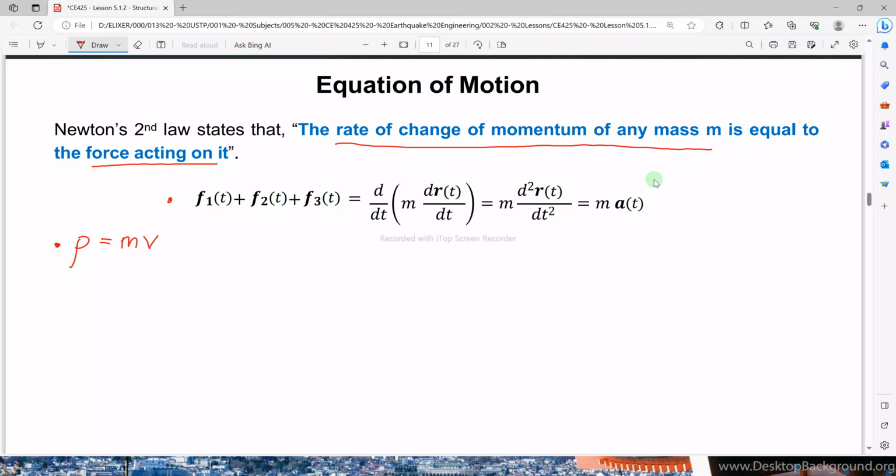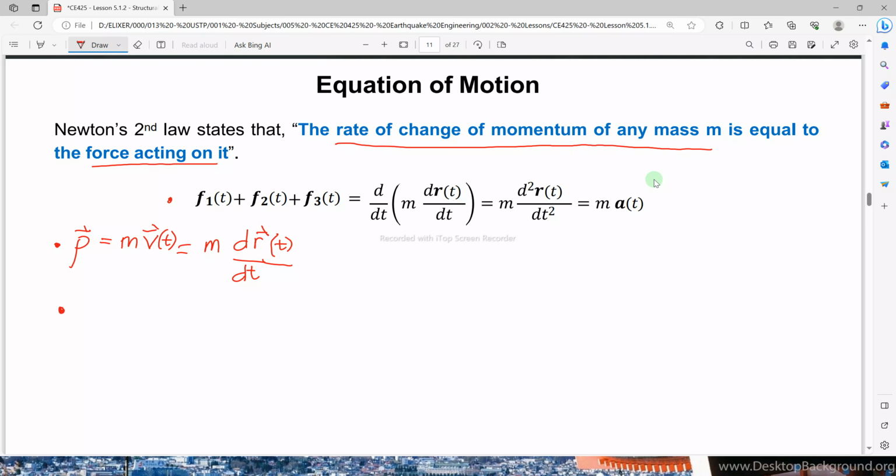Next, we know that velocity is the first derivative of the position with respect to time. Applying it here as a vector, velocity is the first derivative of the vector position as a function of time with respect to t.